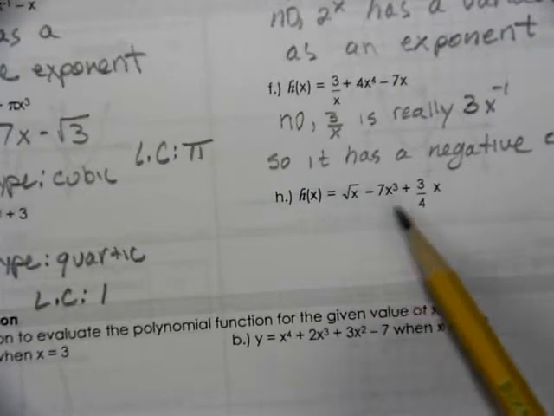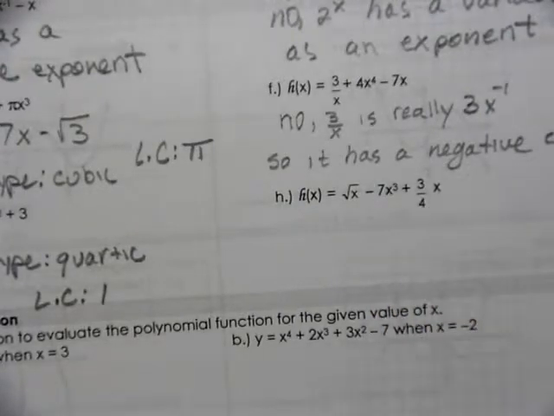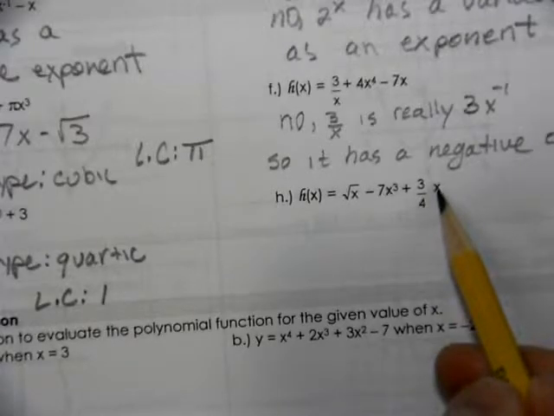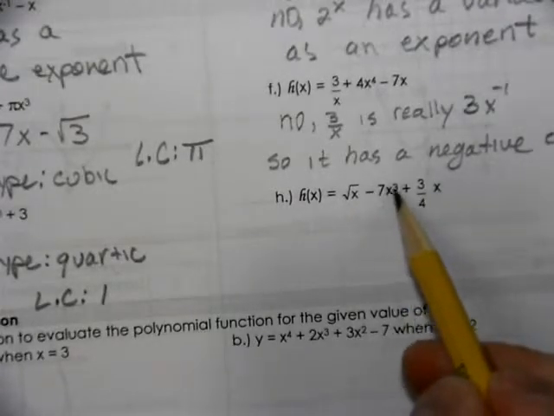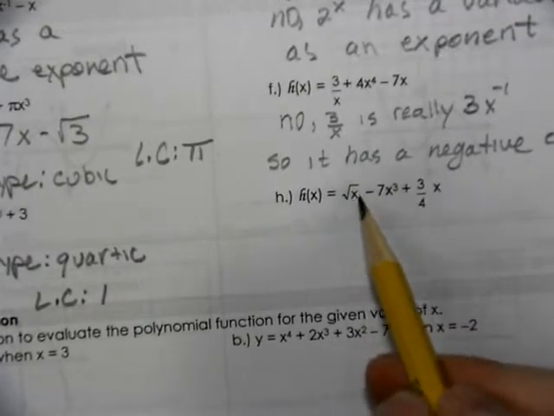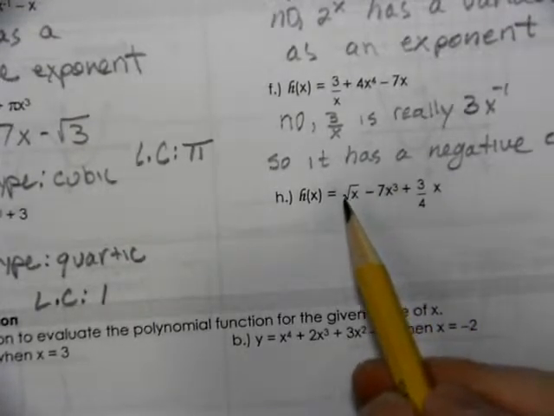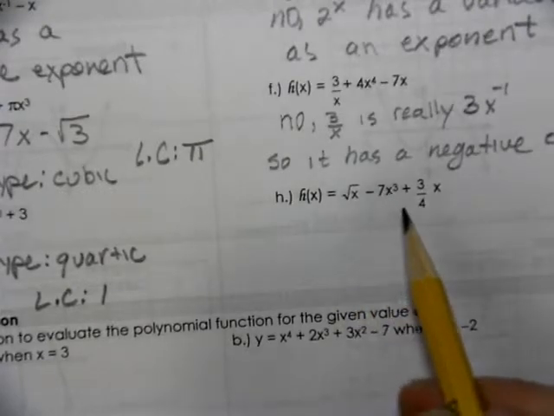What do we see here? Is this a polynomial? If you look, 3/4 x is okay. Negative 7x cubed is okay, but you can't take the square root of x and make it a polynomial.